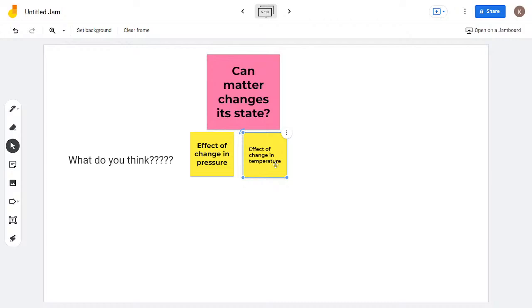So you can know that when you increase the temperature of solid, the kinetic energy of the particles also increases, and because of this kinetic energy, the particles start vibrating with greater speed.